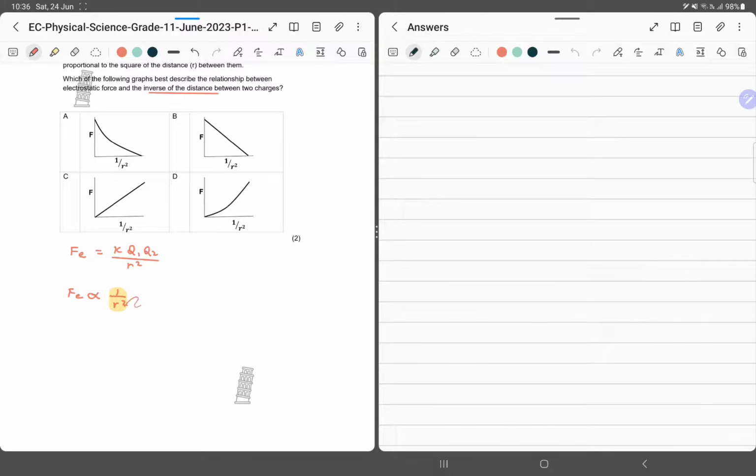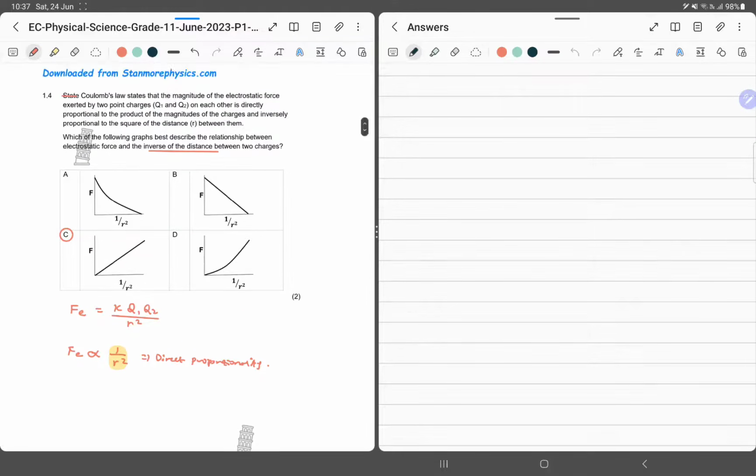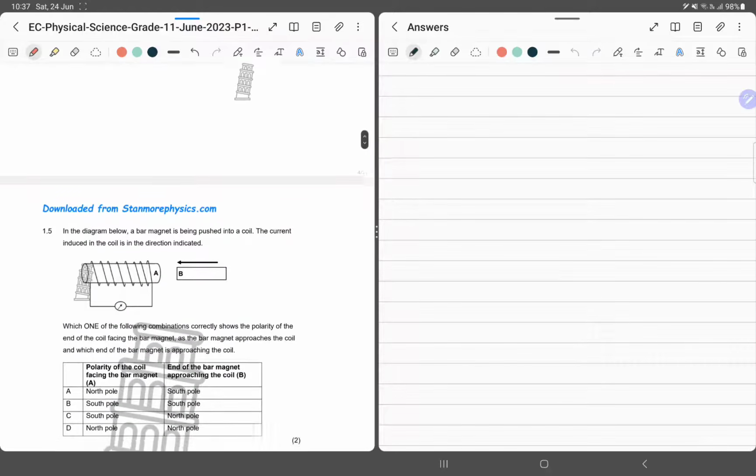We're not comparing F and r squared, but the entire inverse. So we expect a direct proportionality, which makes the answer C, because it has to be the positive gradient passing through the origin. Okay, that's it. So if you know these things, you don't struggle at all.